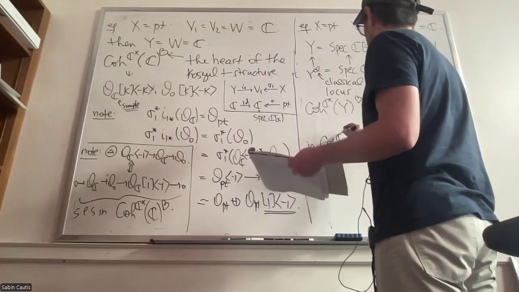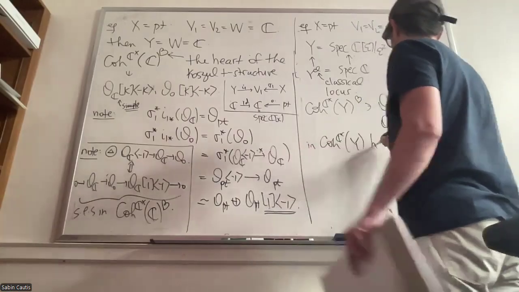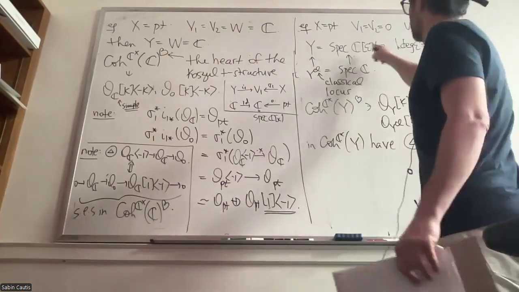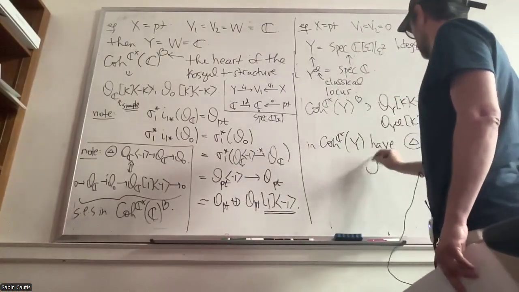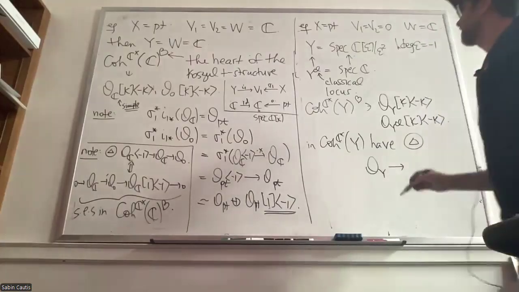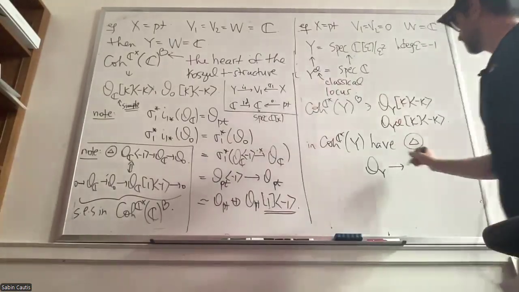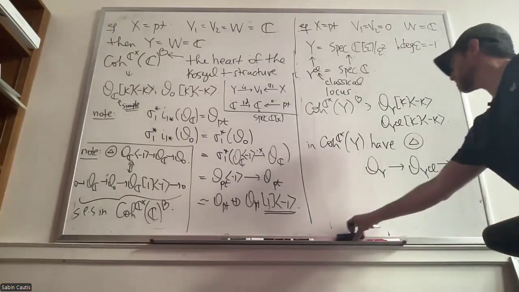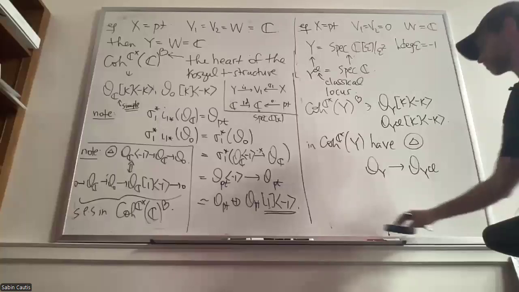In here, one has an exact triangle, which looks like the following. You can take the structure sheaf of the whole thing, O of Y, and then there's a map to the structure sheaf of the reduced thing, right? There's always such a map, it's just formal nonsense.